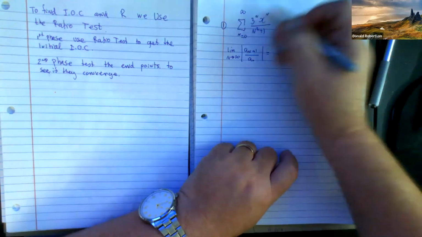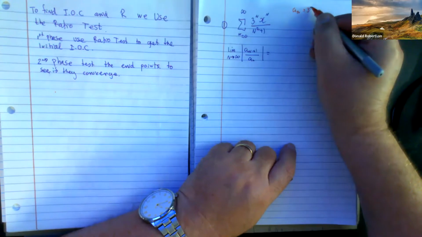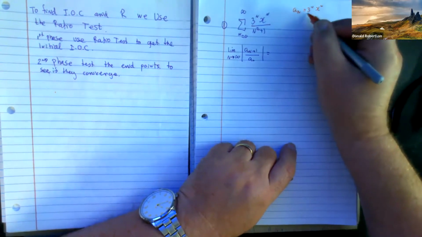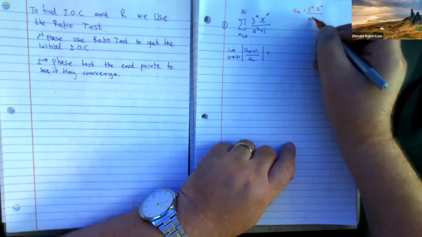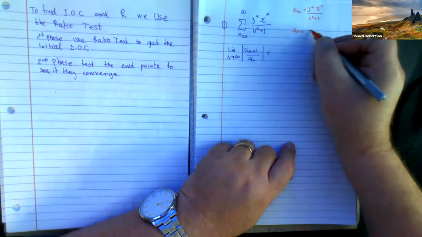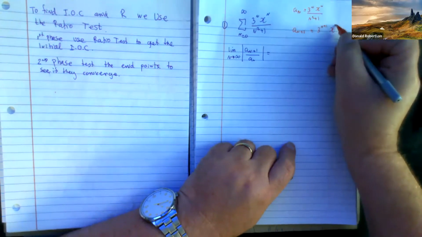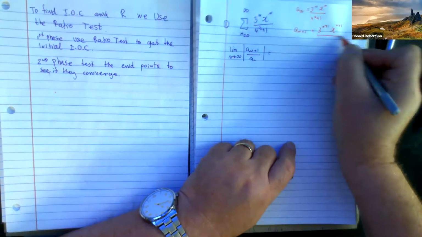Now, in this particular one, a_n is the whole package, including the x's. And a_(n+1) is what you get if you turn all the n's into n plus 1s.